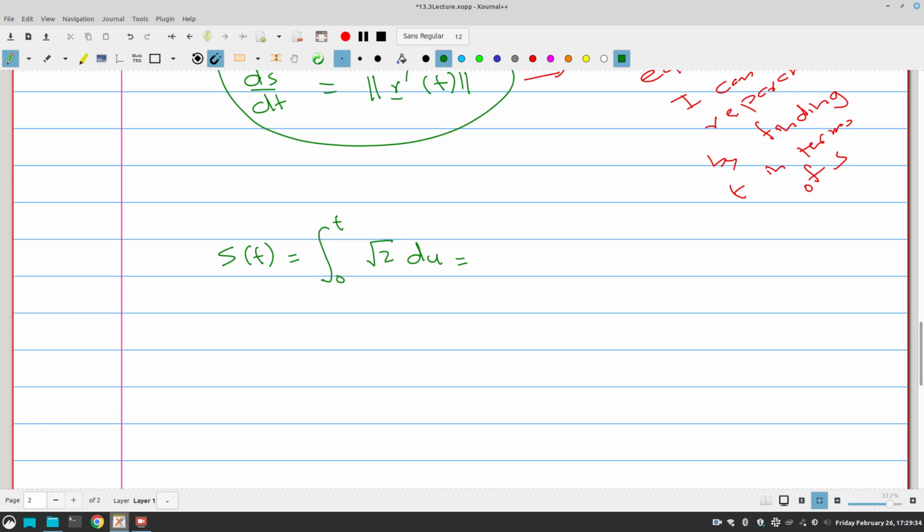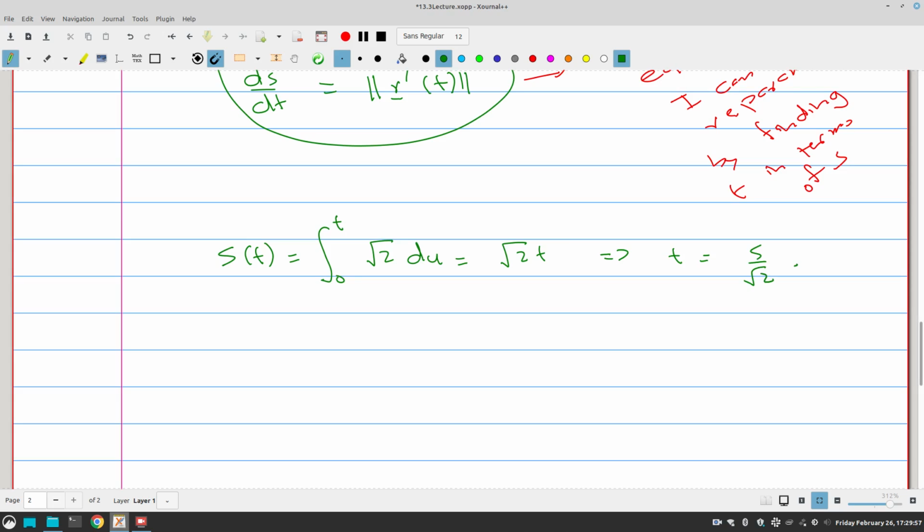So this tells us in terms of t that this is equal to square root of 2 t. Hence t equals s over square root of 2.